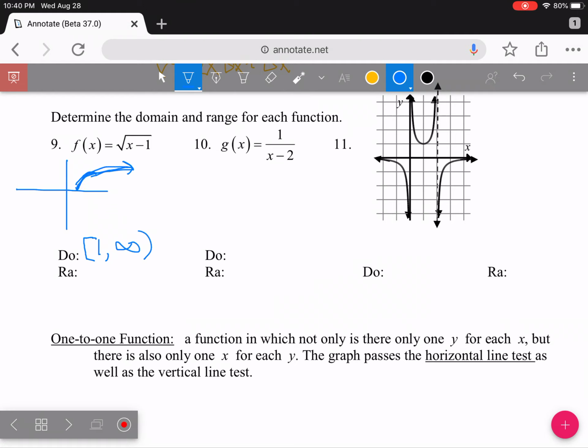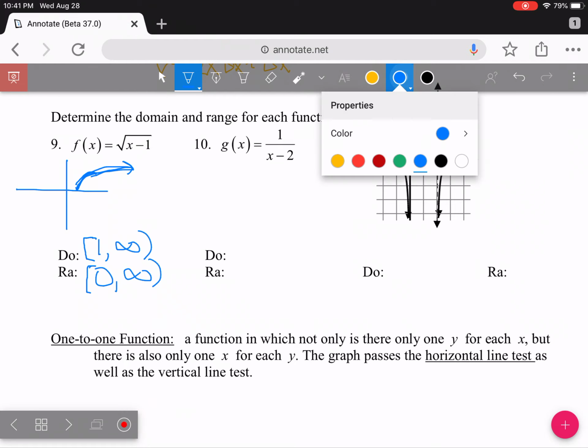Okay, so think about this top half of the sideways parabola and think, okay, what's our range? Well, because we know it's not shifted up or down at all, it starts at 0 and goes to infinity.